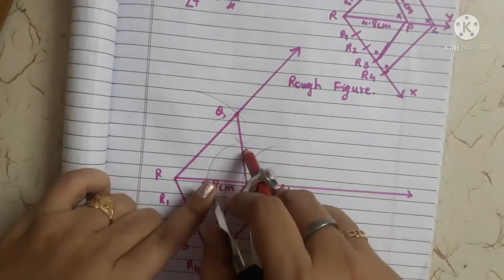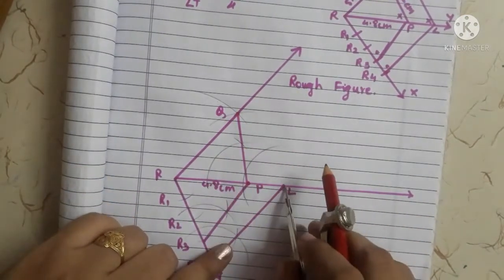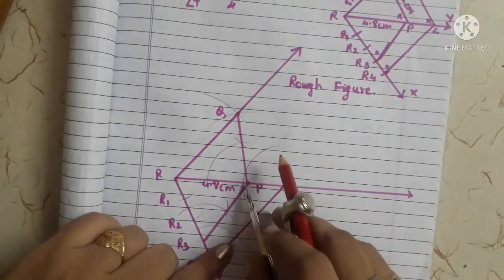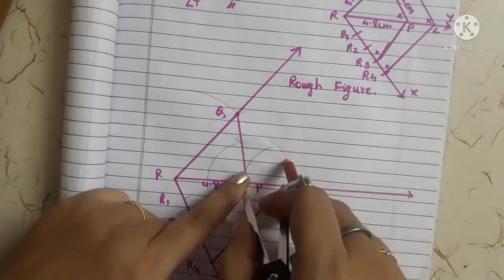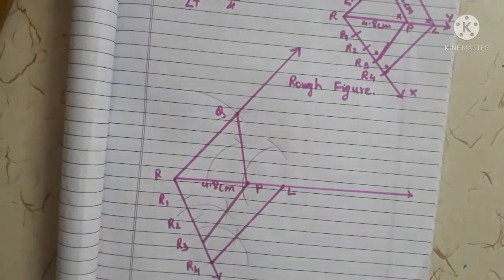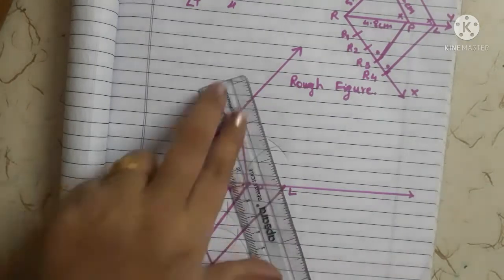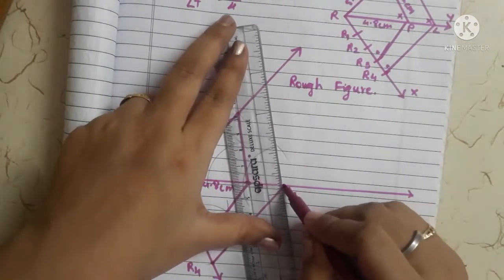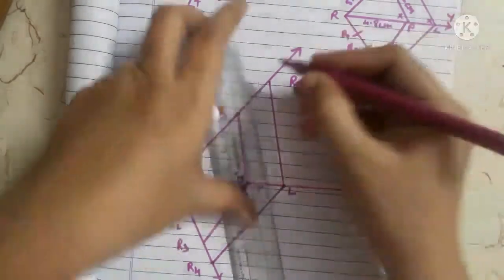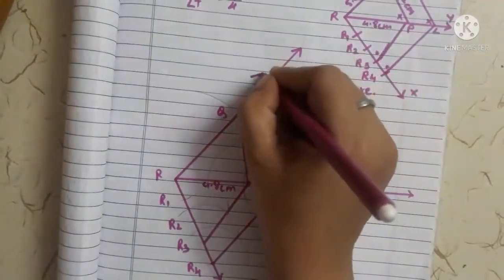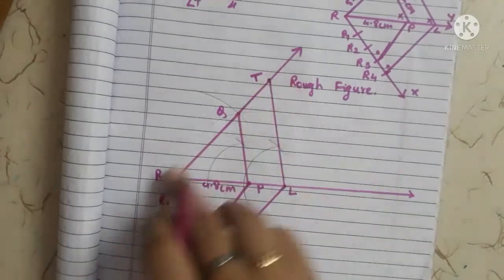See, I have got this much. Now wherever this arc is cutting, keep it there and cut with the same measurement. This is the way to draw a parallel line. Now keep on L and touch it here. So this is your triangle LTR.